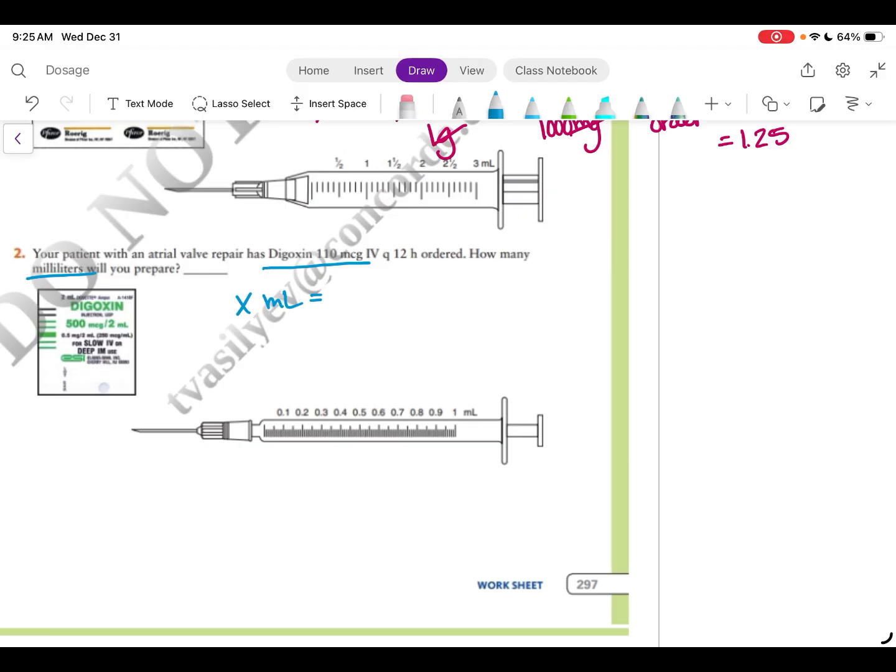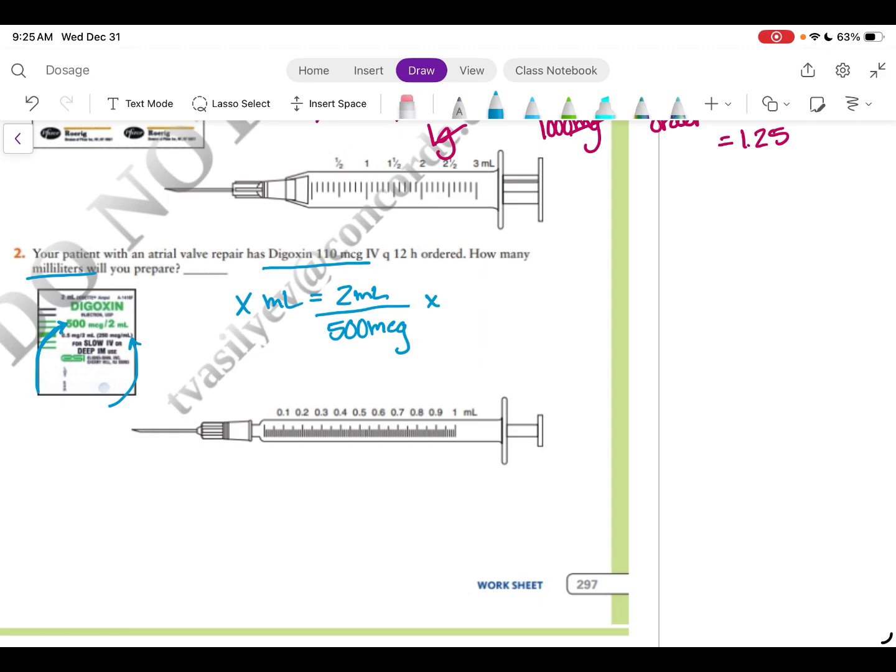I'm looking at our label and I'm seeing that there's 2 milliliters that hold 500 micrograms, right? We're very small here, right? This says that there's 250 micrograms in 1 milliliter. But I'll just stick with the big numbers.